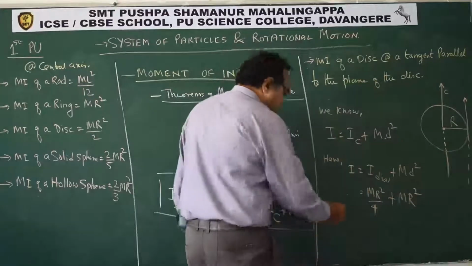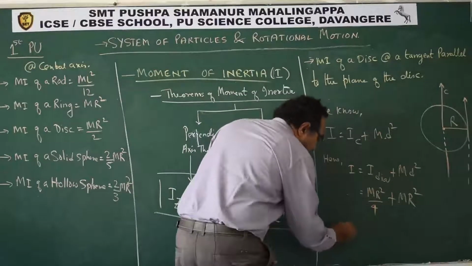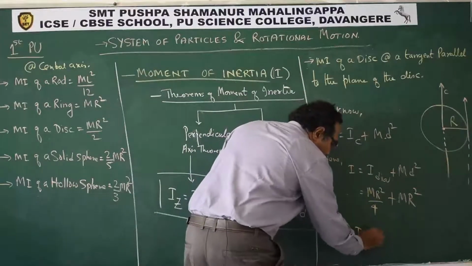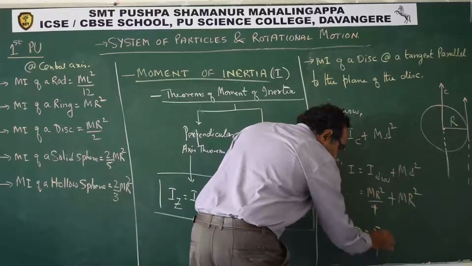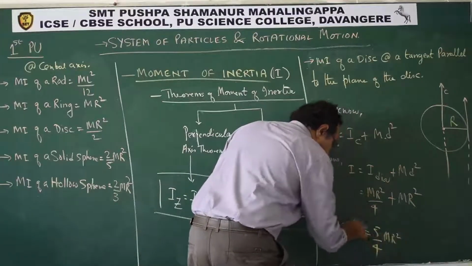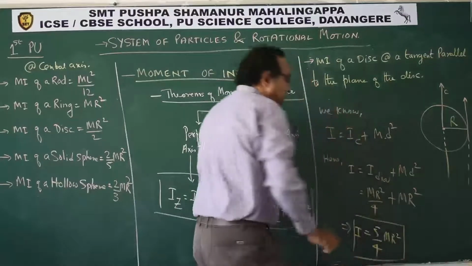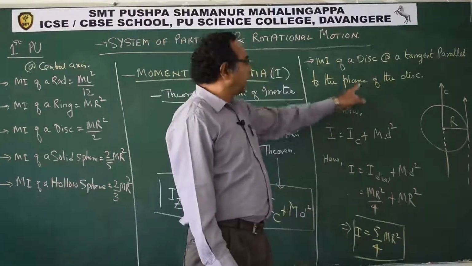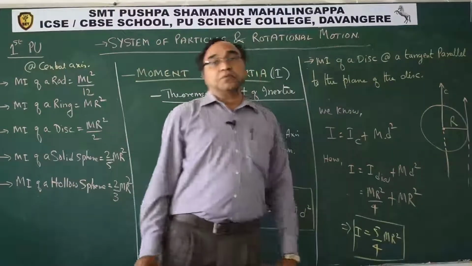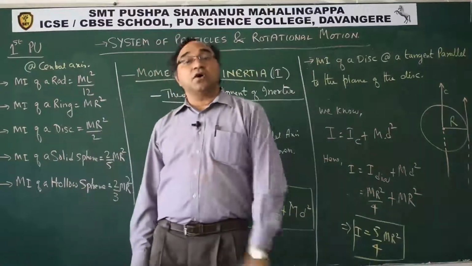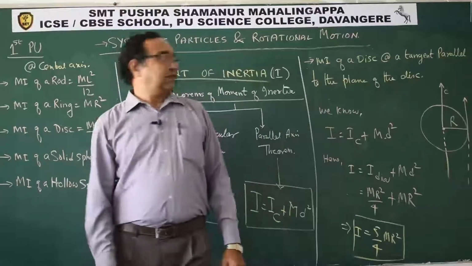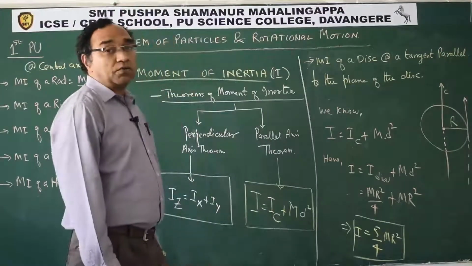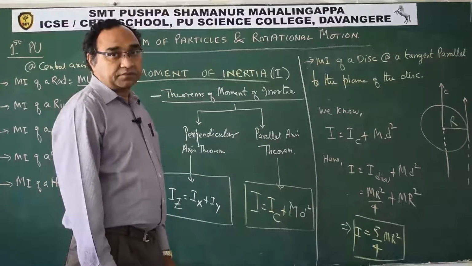So the moment of inertia will come out finally, I is equal to 5 by 4 mr square. That is exactly what we can say for the disk about a tangent which is in the plane of the disk. That is exactly how we can work out moment of inertia.